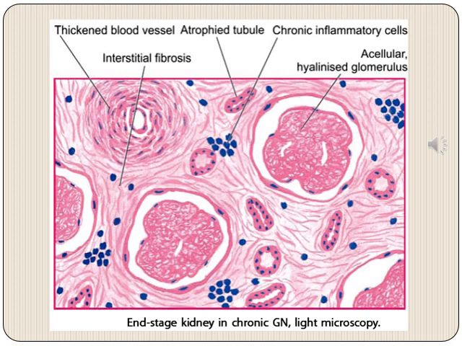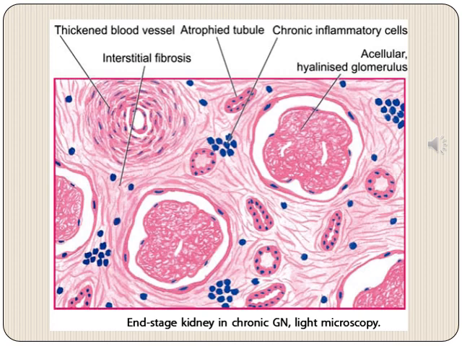This is a line diagram of a case with chronic glomerulonephritis showing end stage kidney. The glomeruli, you can see, have become completely acellular, converted into a bright eosinophilic jumbled up mass, and have become completely hyalinized. Similarly in the interstitium we can see fibrosis and clusters of mononuclear inflammatory cells.